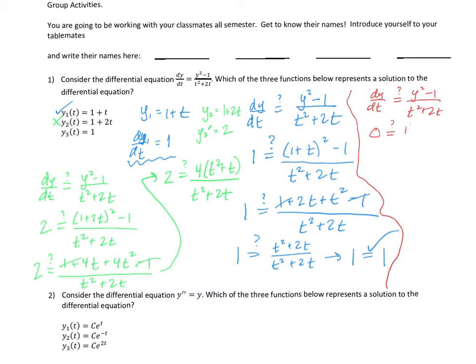Does that equal (1 squared minus 1) over (t squared plus 2t)? Well, 1 squared is 1, minus 1 is 0, so does 0 equal 0 over t squared plus 2t? It does. 0 over anything is 0. 0 equals 0, check. So y3 is a solution.